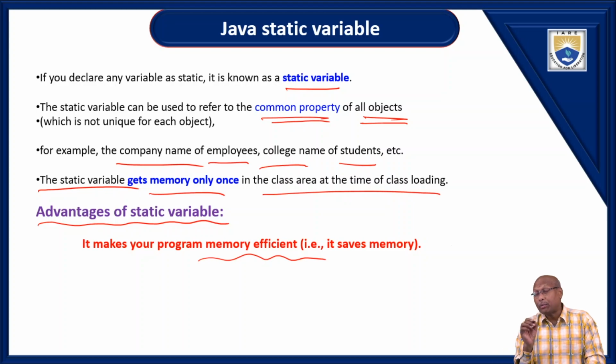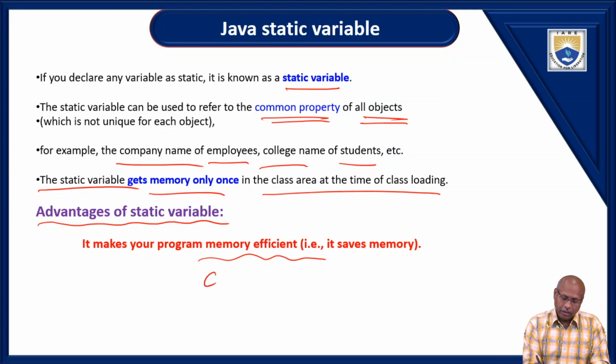And one more thing: if you change anything in the static variable, that is reflected in all objects. So change one place and that information will be carried to all objects. That is also one more advantage. Communication is easy.